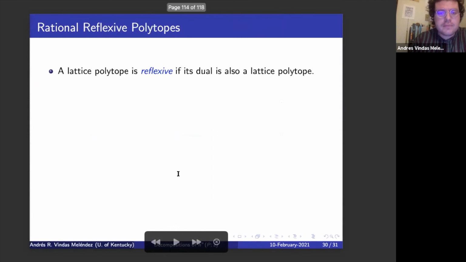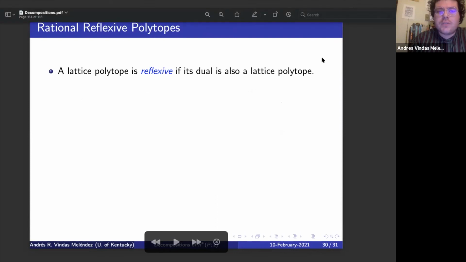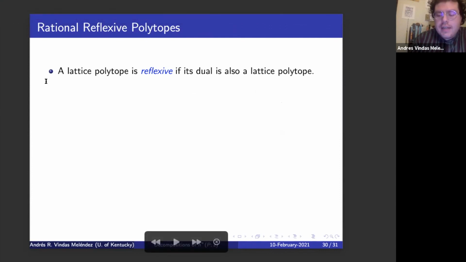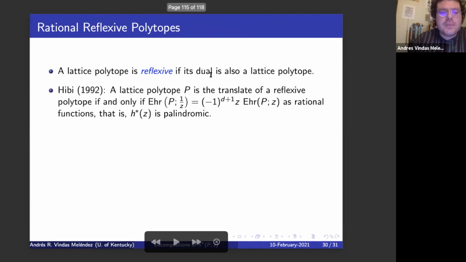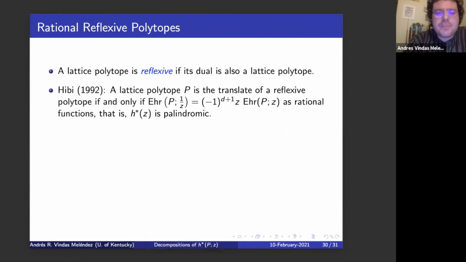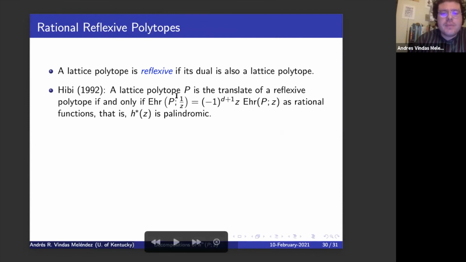Okay. And so now I want to end with an application of that last decomposition. A lattice polytope is reflexive if its dual is also a lattice polytope. And so Hibi in the 90s proved that a lattice polytope is a translate of a reflexive polytope if and only if the Ehrhart series satisfies this equality as rational functions.